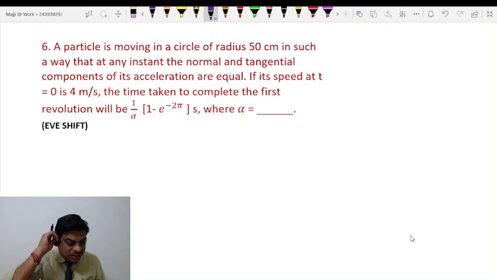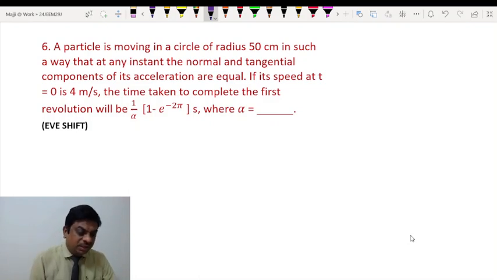The particle is moving in a circle of radius 50 cm in such a way that at an instant the normal and tangential components of its acceleration are equal. If its speed at t equal to 0 is 4 meters per second, find the time taken to complete the first revolution. So we should get an equation for displacement in terms of time. So for that we should have an idea of velocity in terms of time.